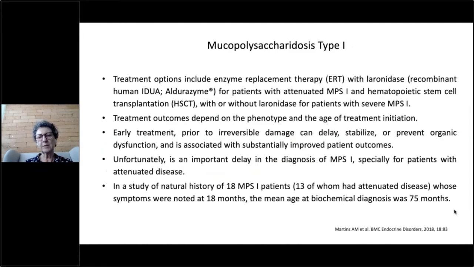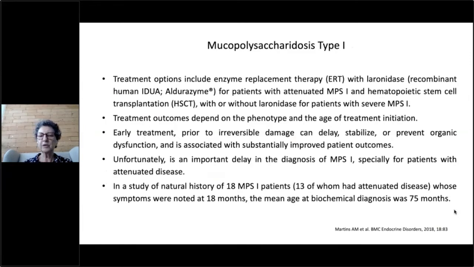Treatment outcomes depend on the phenotype and the age of treatment initiation. Early treatment prior to irreversible damage can delay, stabilize, or prevent organic dysfunction, and is associated with substantially improved patient outcomes.